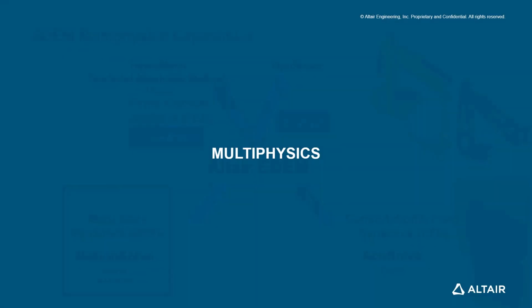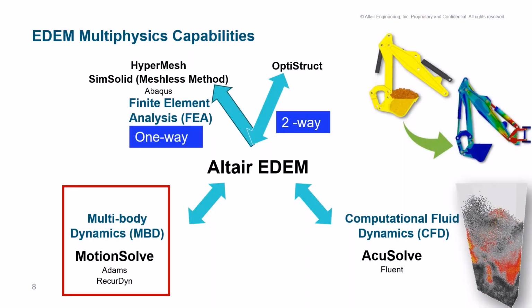So to see what the Altair multiphysics capabilities are with respect to EDEM, EDEM can be coupled with computational fluid dynamics to simulate fluid effect along with particulate material. And if you want to simulate structural strength, then we have a couple of methods. One is the one-way method, that is one-way coupling, where you will be running the EDEM simulations and exporting the forces.